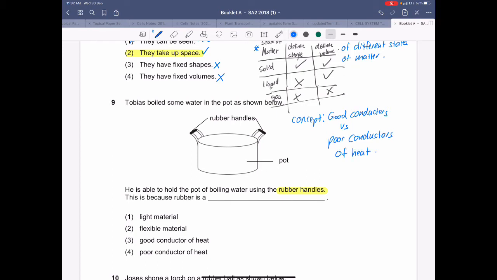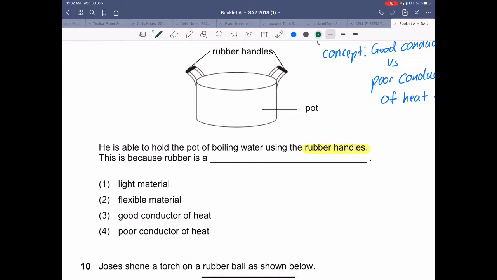Whenever you're looking at a conductor of heat, you're always looking at the rate at which heat can pass through the item. So for a good conductor of heat, especially when you're writing for open-ended questions, you always want to point out that a good conductor of heat will allow heat to pass through quickly.